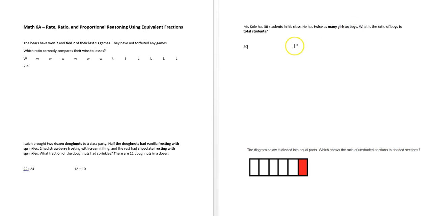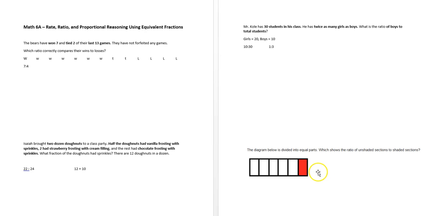So that means that the girls would equal 20 and the boys would equal 10. So the number of boys we see is 10. And remember, we're comparing this to the total students, which was 30. So the answer for this is 10 to 30, 10 compared to 30. Or, again, we could reduce this down to 1 to 3, or 1/3.